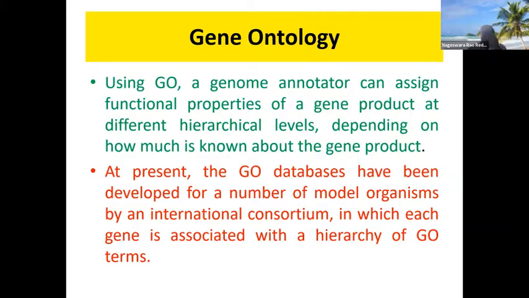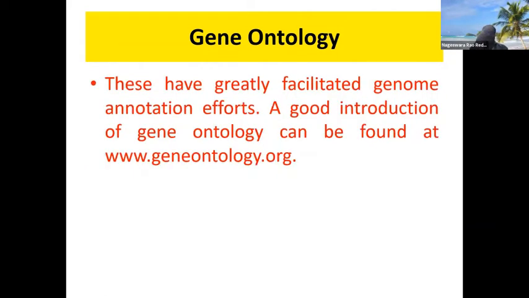At present, gene ontology databases have been developed for a number of model organisms by the international consortium, and each gene is associated with a hierarchy of GO terms. These have greatly facilitated genome annotation efforts. Gene ontology can be found at www.geneontology.org.